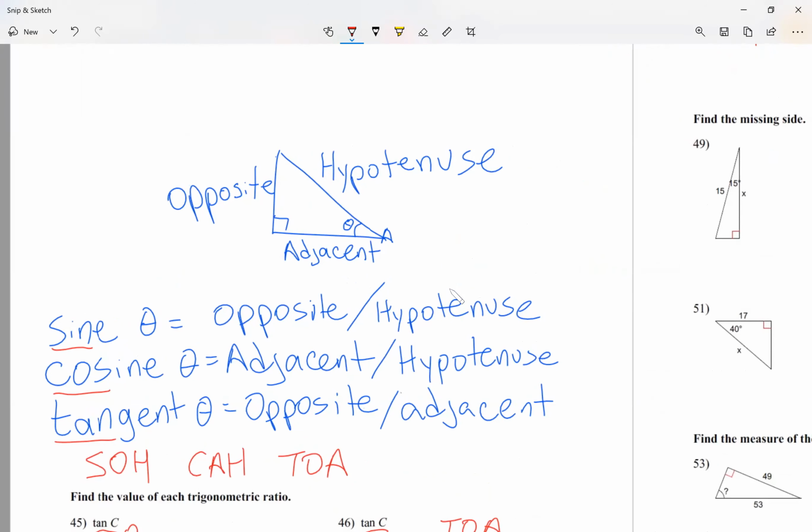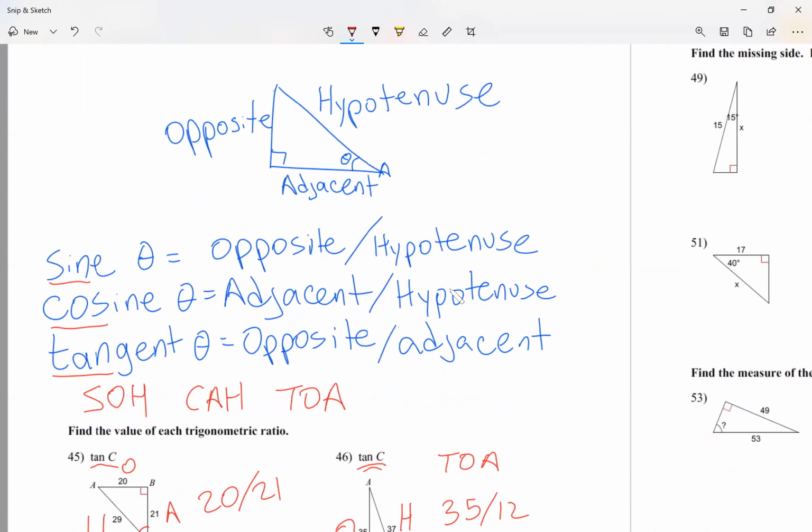Remember, hypotenuse is always the big side, always. The other side is either opposite or adjacent, depending on the angle that I gave you. And for you guys to remember the acronym for the ratio, for the fraction, SOHCAHTOA. Sine is opposite over hypotenuse, cosine is adjacent over hypotenuse, and tangent equals opposite over adjacent.